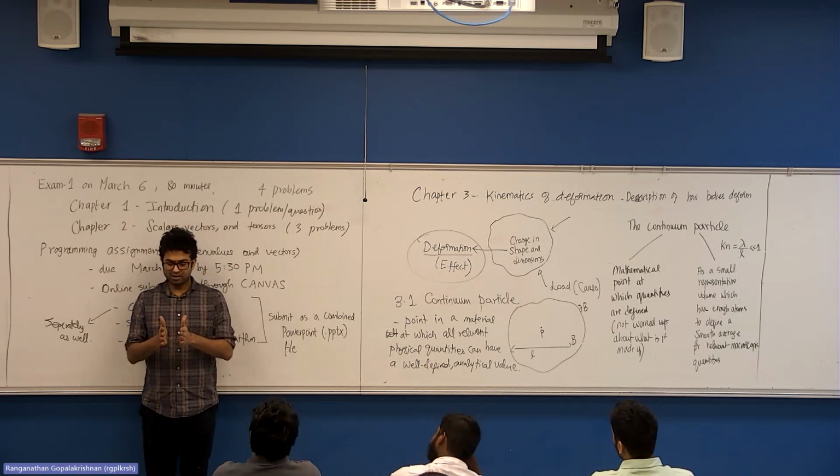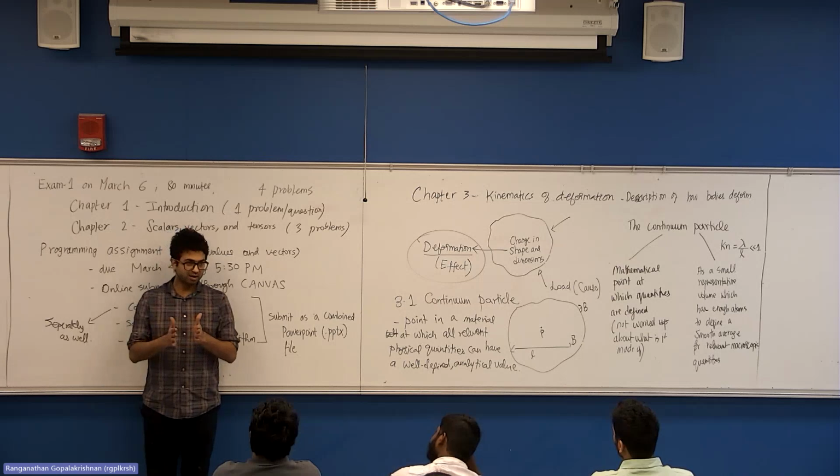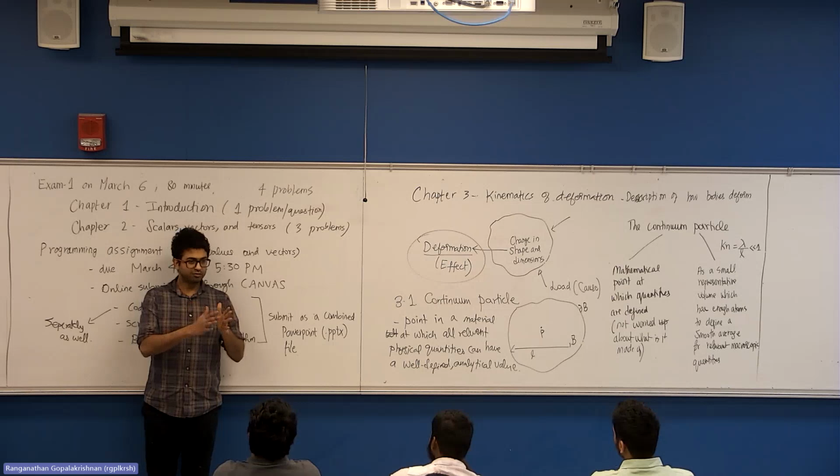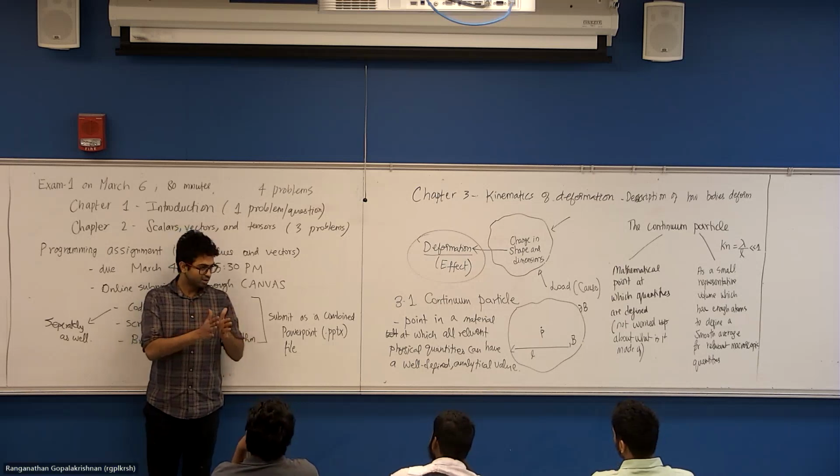In order to get a certain strain, you have to apply a certain stress, and that stress varies from material to material. But all materials have some strength which comes from their chemical composition and quantum nature, which of course we don't want to go into. But that is the origin of their strength.